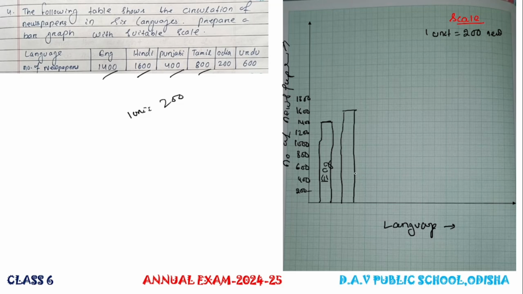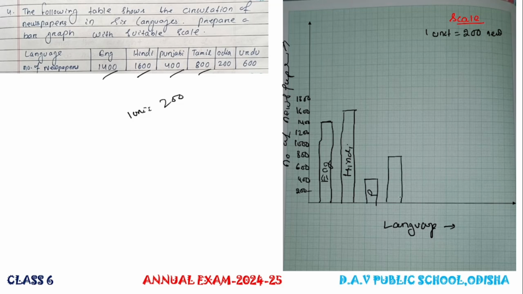Clear? This is Hindi. Now next is 400. So again skip 1, then 400, Punjabi. Then 800. Skip 1, then write 800. This is a vertical bar graph.